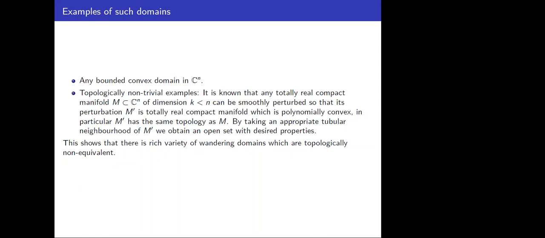Take any totally real compact manifold. Just think of it as, let's say, a curve in the space C^n. You can always perturb it a little bit so you can make it polynomially convex. And then you can take a tubular neighborhood of this set, and this is going to be a polynomially convex set which satisfies these conditions.